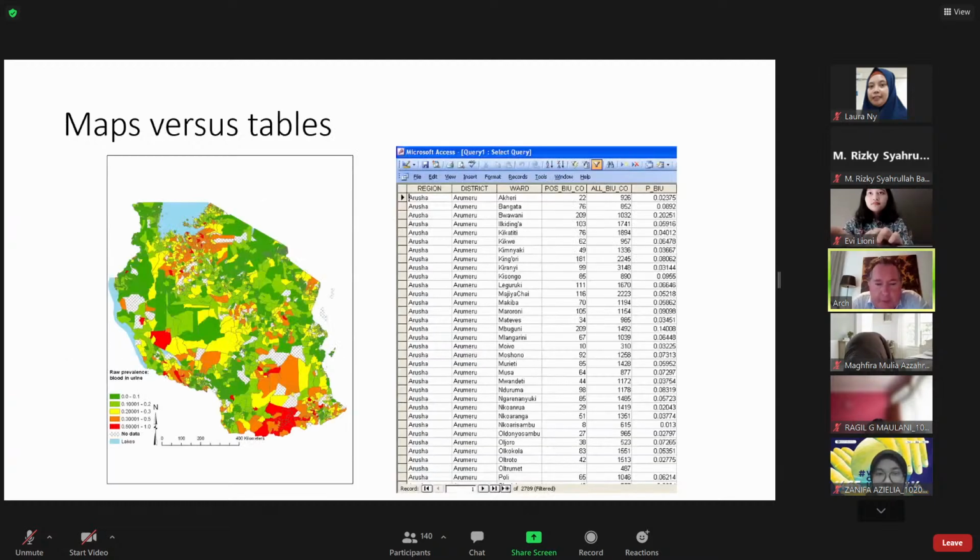Here we have two representations of exactly the same information. On the left, we have a map, and on the right, we have a table. In fact, the table only shows the first 30 or so observations from a data set with 2,789 observations. So which of those two is easier to interpret?